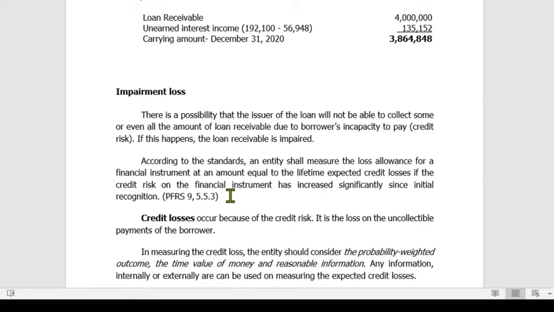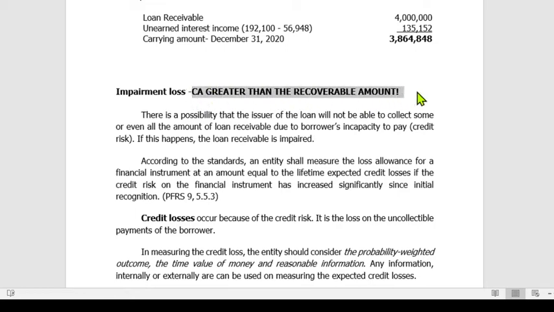Under the concept of an impairment loss, ang focus muna natin is the impairment loss on loan receivable, the carrying amount of the loan receivable is greater than the recoverable amount.